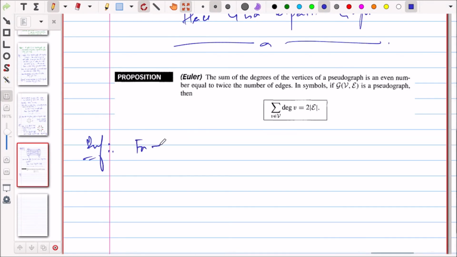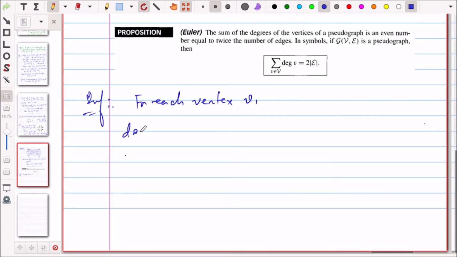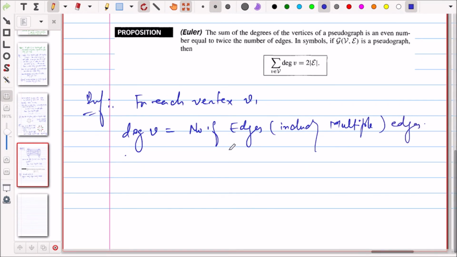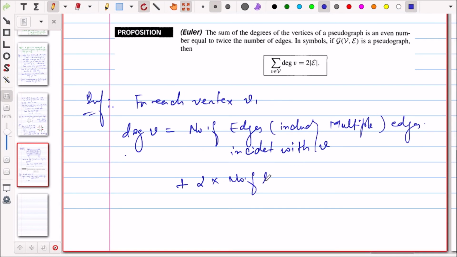Now for each vertex v, since degree of v is equal to the number of edges, including multiple edges, incident with v, plus twice the number of loops incident with v. Here we are taking the number of edges and also considering loops, including multiple edges and loops.